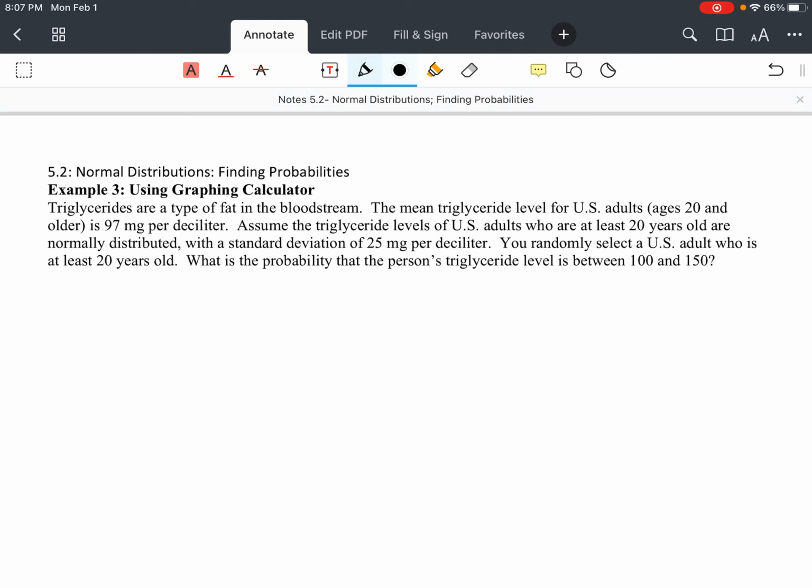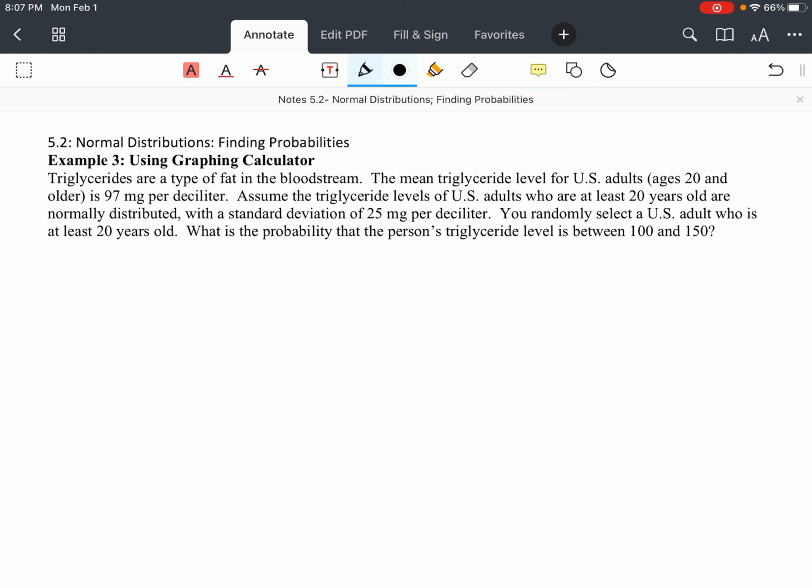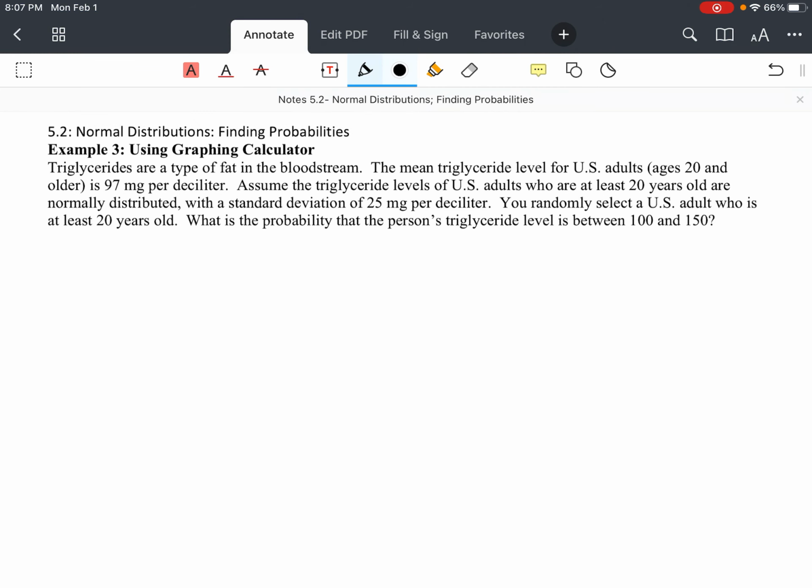All right. So the last example, using your graphing calculators. I'll show you guys how to use your graphing calculators a little bit more thoroughly whenever we get into class. It says triglycerides are a type of fat in the bloodstream. The mean triglyceride level for a U.S. adult 20 and older is about 97 milligrams per deciliter.